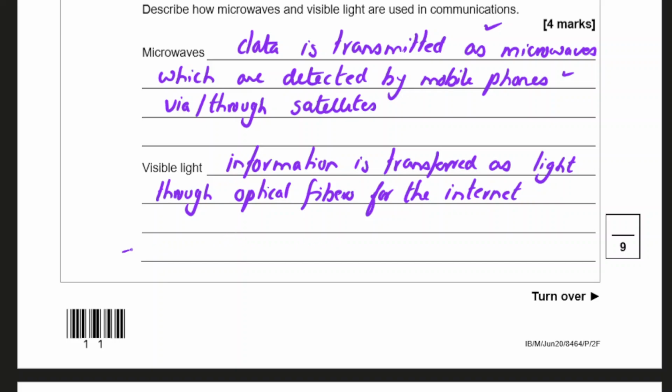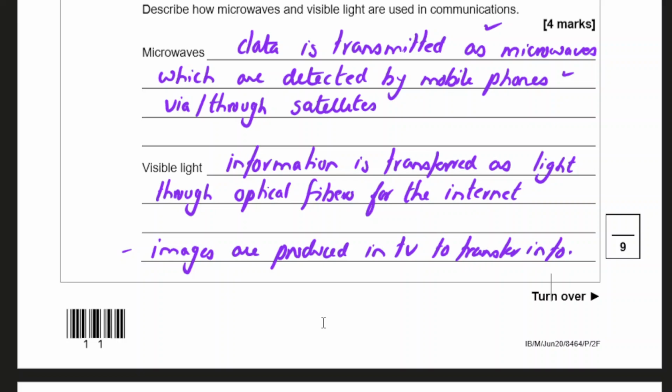Or there's an easier one. You could say images are produced in TV to transfer information.